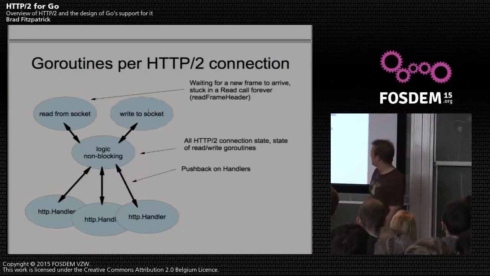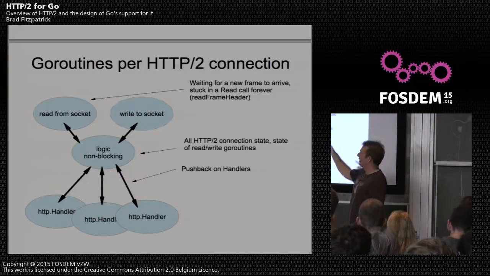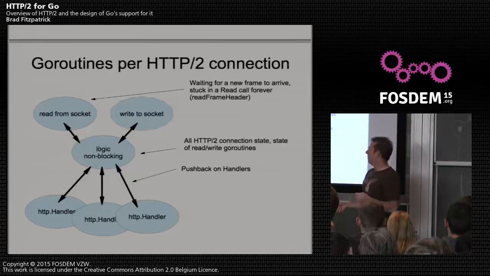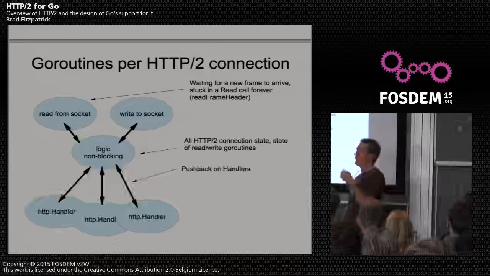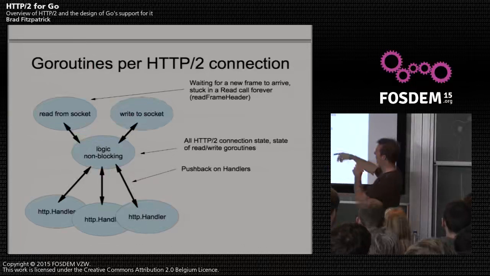So I think I can even make the logic Go routine shut down most of the time when there's no packet to be read. That 2K will go away, and then for every idle connection, you'll just have this 2K reader one. And when a new packet comes in, if the logic Go routine isn't running, we'll start it up, and it coordinates all the other stuff.